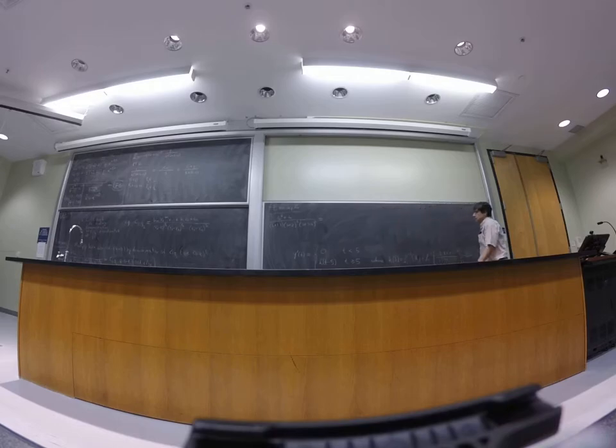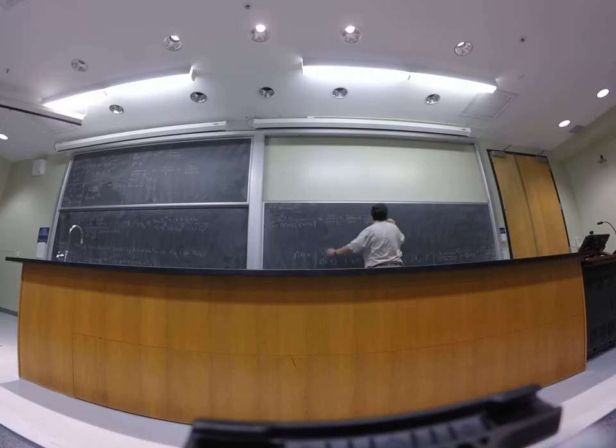What's the partial fraction expansion for this? This has only multiplicity 1, so it's going to be C11 over S plus 1.1. This is multiplicity 2, so C21 over S plus 2 plus C22 over S plus 2 squared.